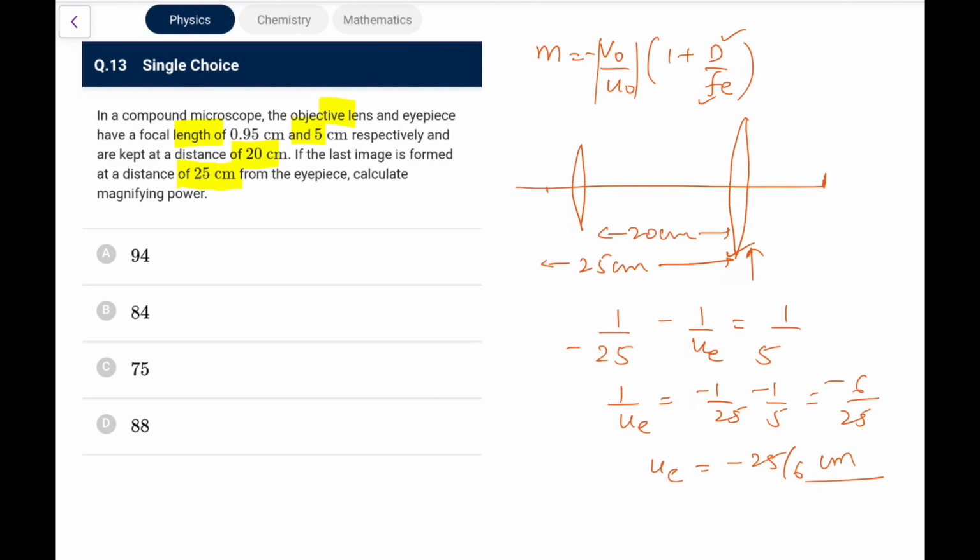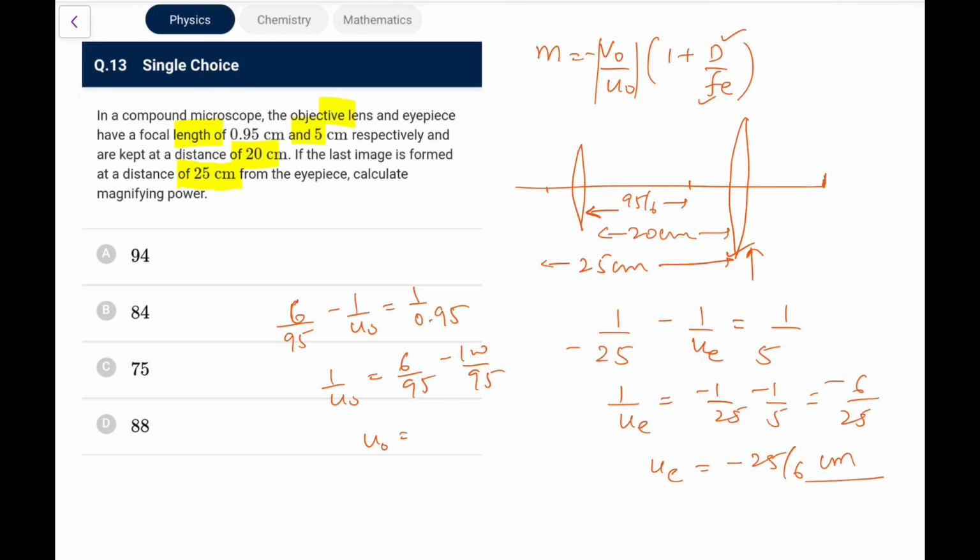Okay, so now the length I'll be having is 25 by 6 from here, so this distance becomes 20 minus 25 by 6, that is 120 minus 25, that would be 95 by 6. So applying here, 1 upon VO, that is 1 upon 95 by 6, minus 1 upon UO, is equal to 1 upon FO, that is 1 upon 0.95. So 1 upon UO is 6 upon 95, and this would be 100 by 95 I can write.